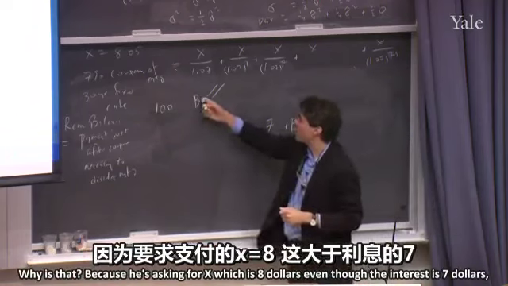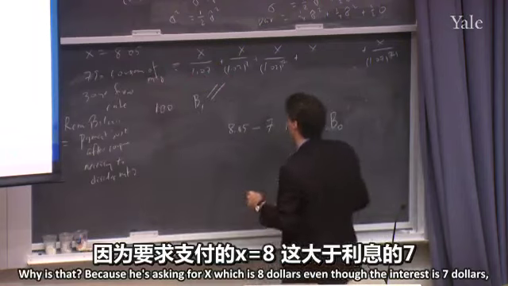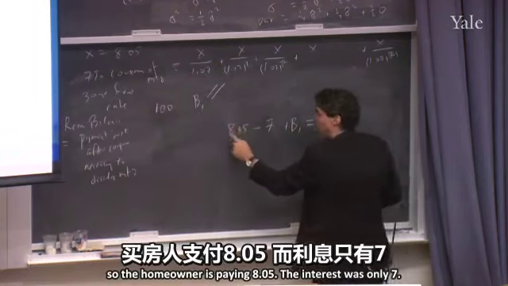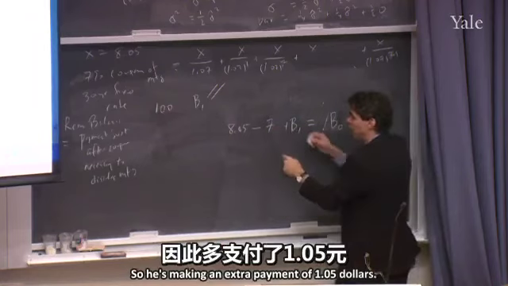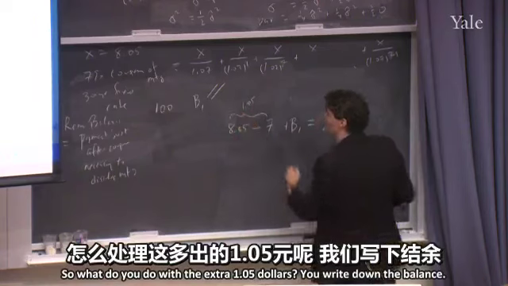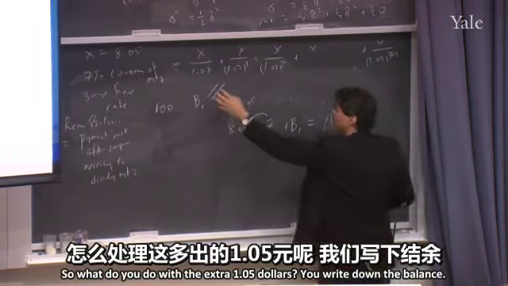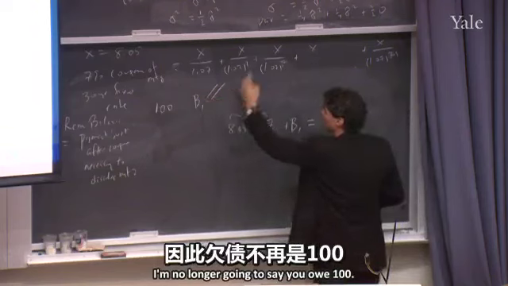Why is that? Because he's asking for X, which is $8.05, even though the interest is $7. So the homeowner's paying 8.05, the interest was only 7, so he's making an extra payment of $1.05. What do you do with the extra $1.05? You write down the balance. You say, okay, you've overpaid me by 1.05, so I'm no longer going to say you owe 100.